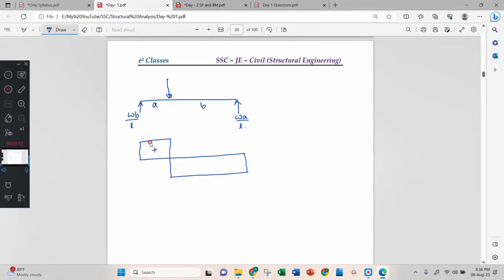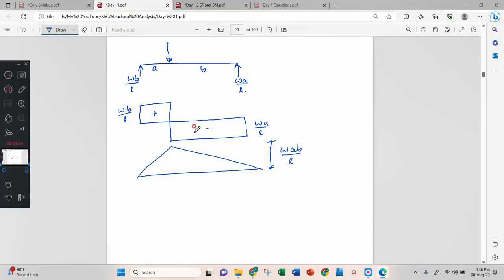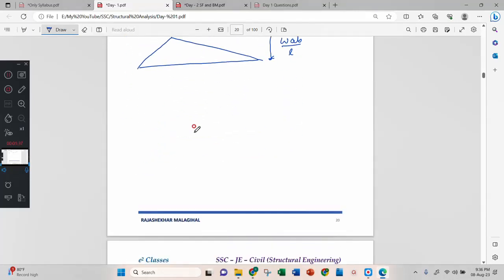This is shear force. Then this support reaction is here, and this support reaction value is here. Now, bending moment diagram is at this point peak. This height is WAB by L. Okay, na?